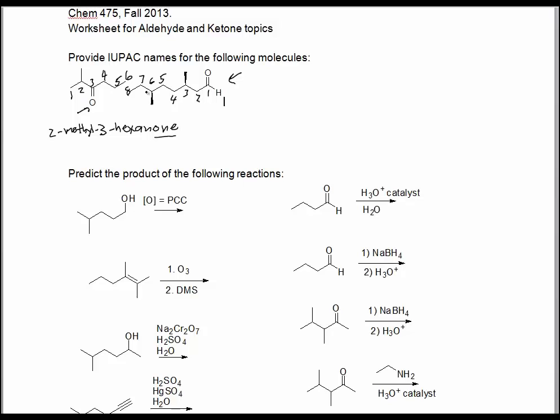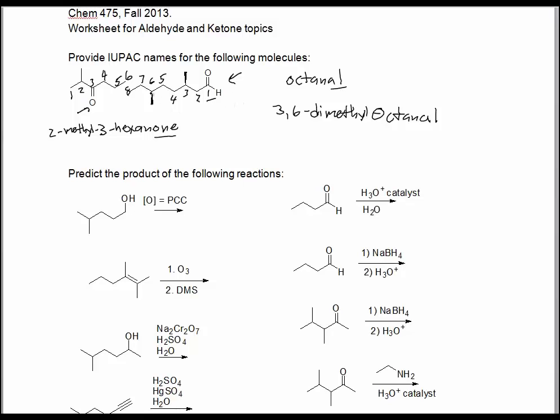We find that we have octane as our parent compound, and that becomes octanal, al meaning aldehyde, and we have 3-methyl and 6-methyl, so we have 3,6-dimethyloctanal, and we actually don't need a space between them because there is no number. We don't put 1-octanal because by definition, it being an aldehyde, the aldehyde is at carbon number 1.